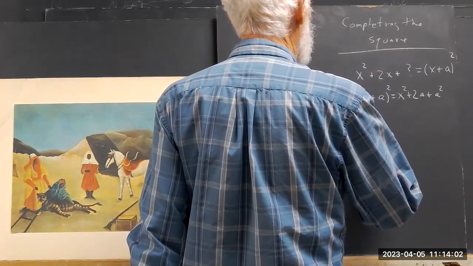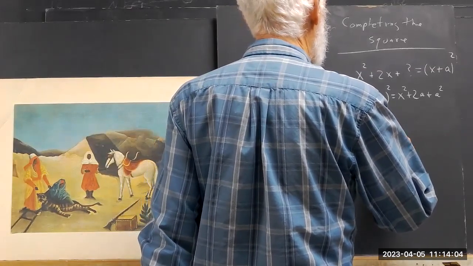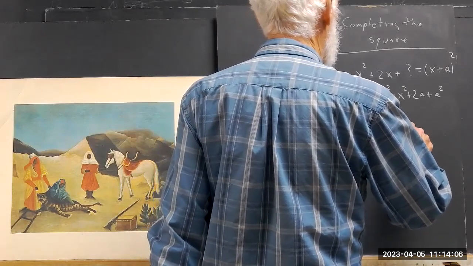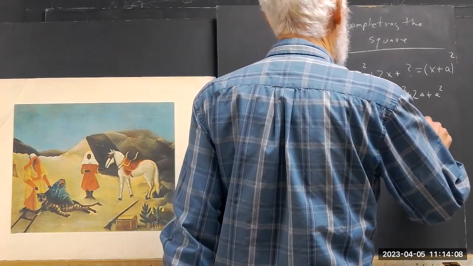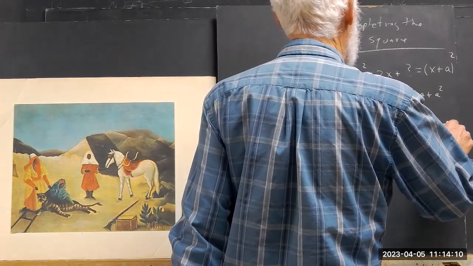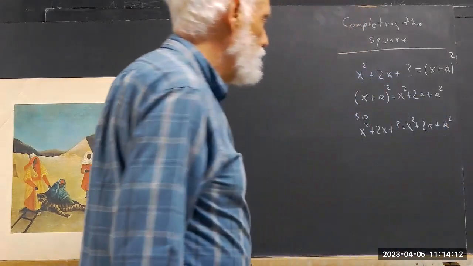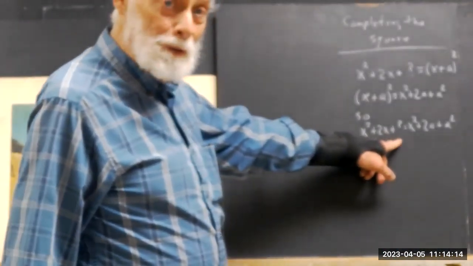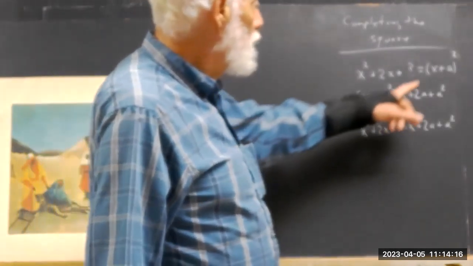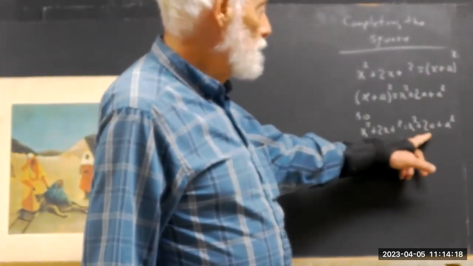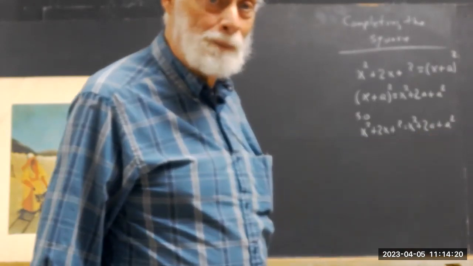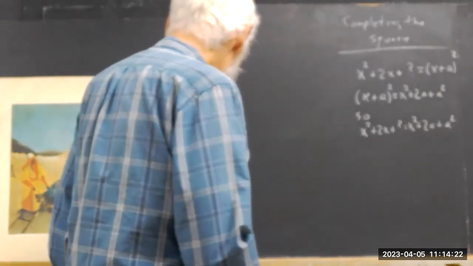We want to solve this with a question mark. If we square x plus a, we get x squared plus 2ax plus a squared.